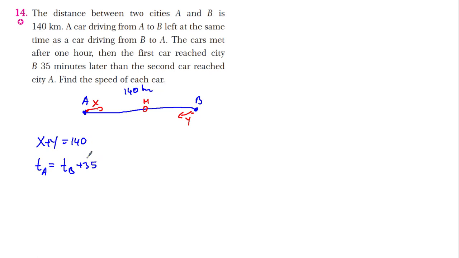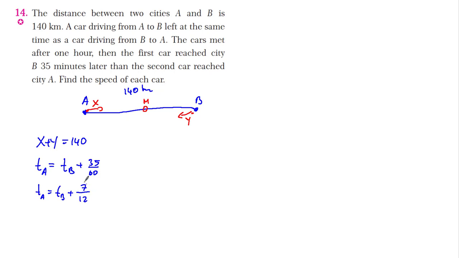We cannot work in different units here, minutes and hours, so we have to convert everything into one unit. 35 minutes as hours is 35 over 60. We can simplify by 5 and it's 7 over 12.